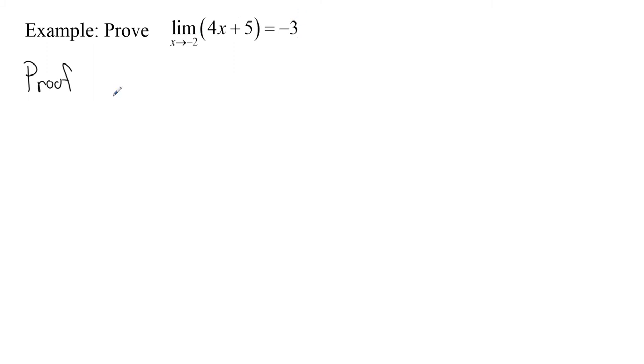And so we want to prove this. So we're going to say let epsilon be greater than 0, and we're going to say that the absolute value of 4x plus 5 minus that -3 is less than our epsilon.